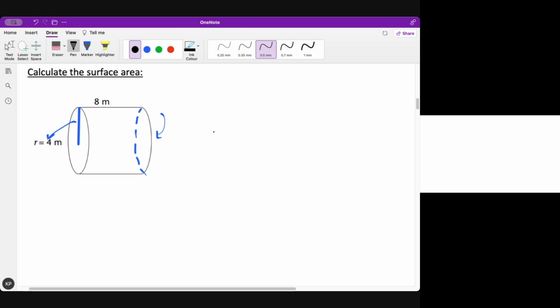So that means we're going to say, okay, let me say area of the circles. That means you have pi times radius squared times 2. Are we with me, guys? This is because there are 2 circles.